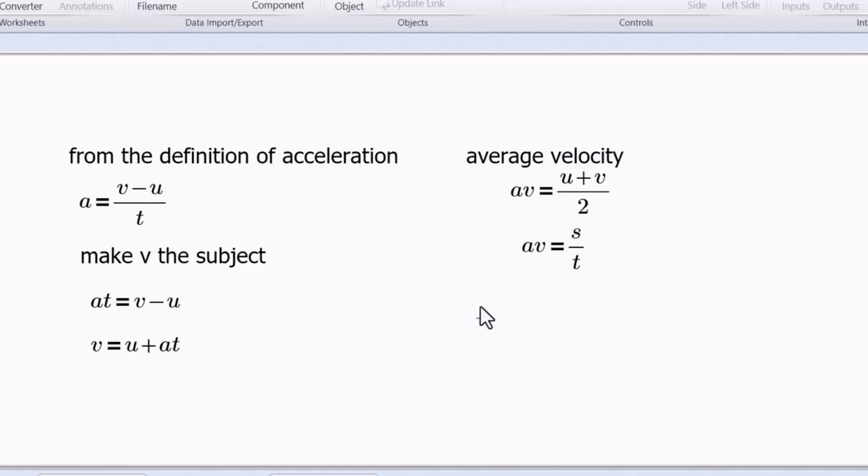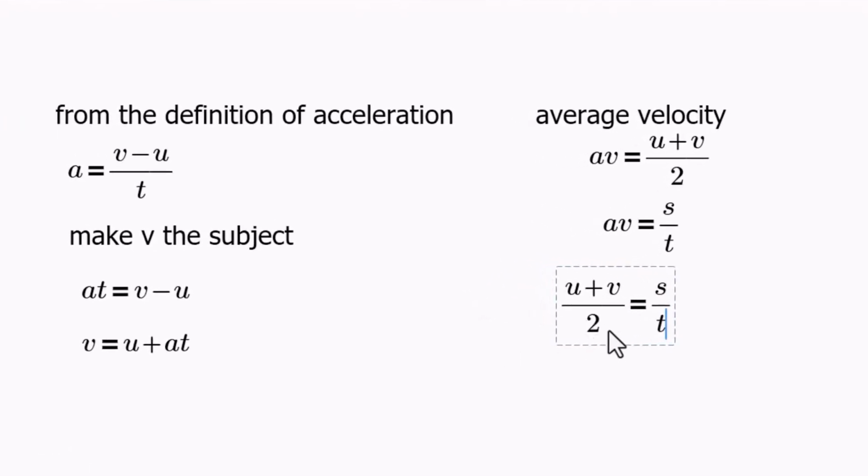If we make the two equations equal to each other, we get U plus V divided by 2 equals S divided by T. Now if I make S the subject, because in the second equation, distance is our major target, I will have S equals U plus V divided by 2.